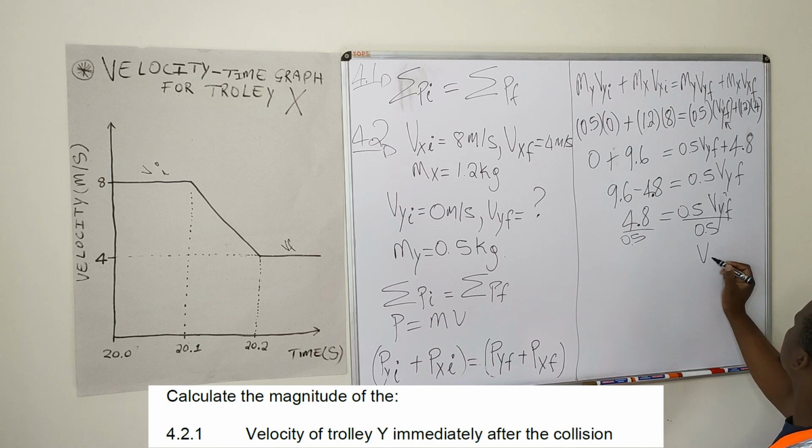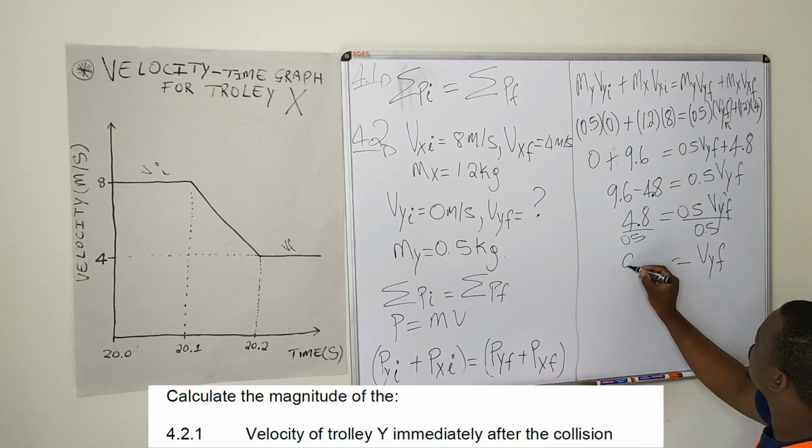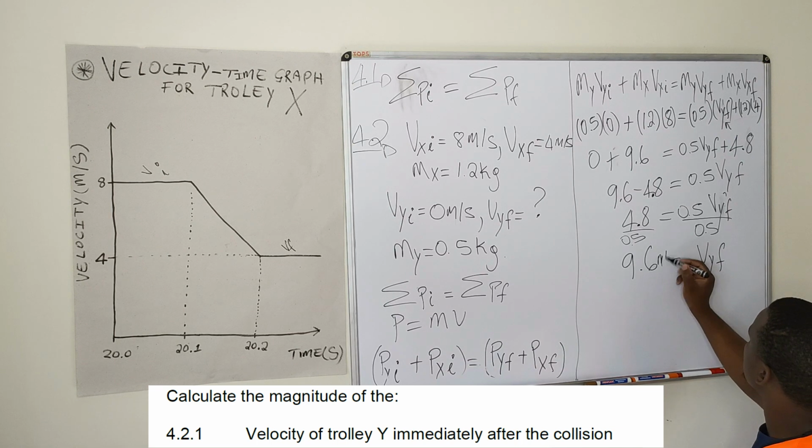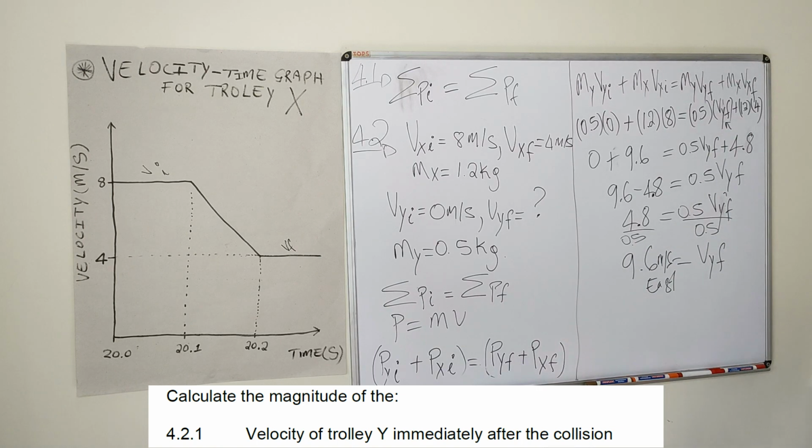So vYF, which is the final velocity of trolley Y, is equal to 9.6 meters per second. It should also be eastwards, because you can see the sign. It came out the same as our eastwards direction there.